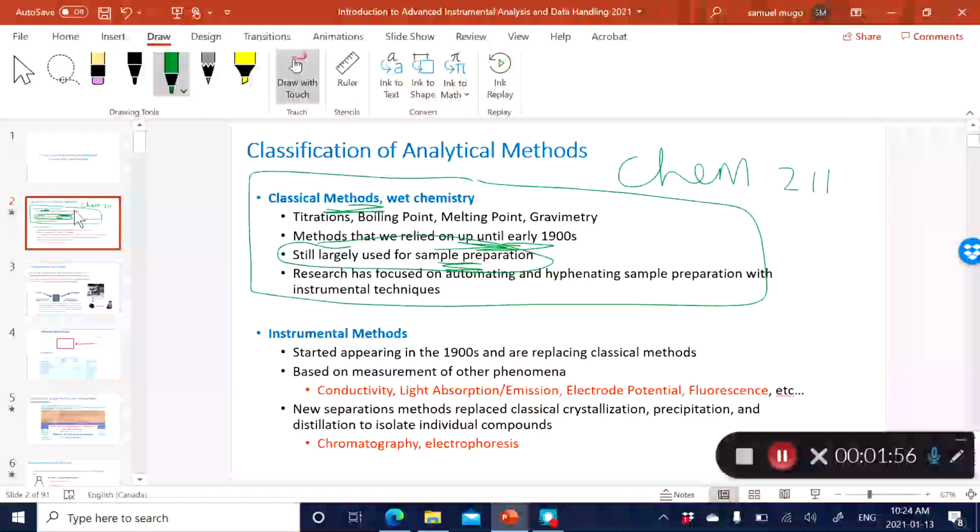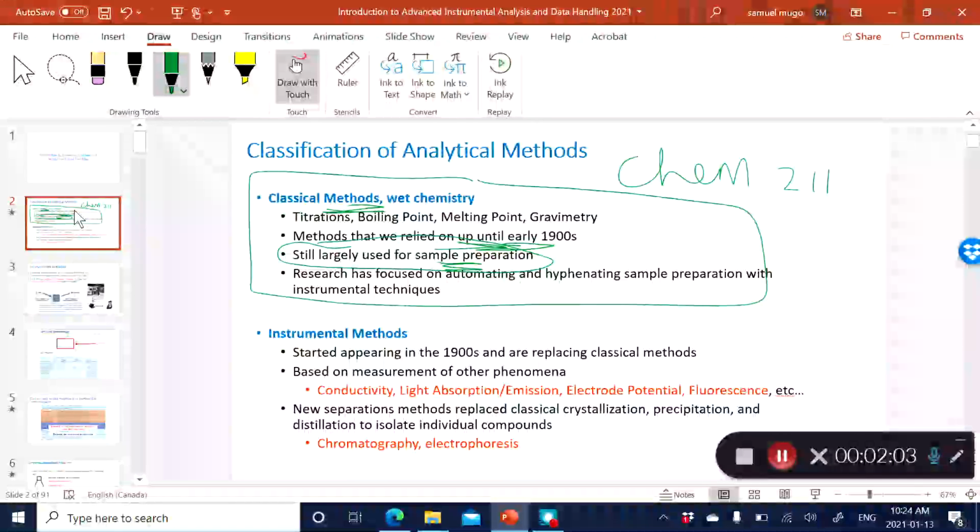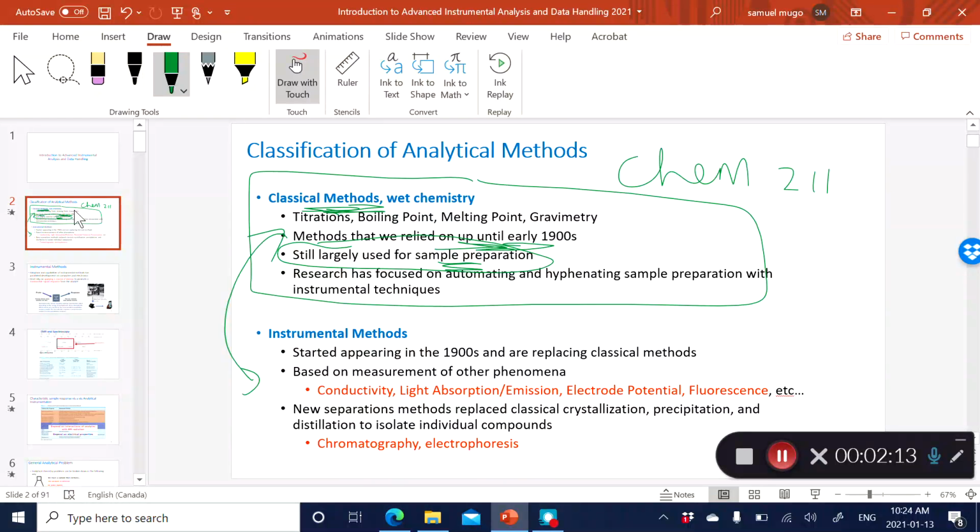Okay. Now, in some cases, in today's way of doing chemical analysis, people have hyphenated or automated the classical methods of analysis with instrumental methods of analysis. So there's an interlink, where extraction becomes fairly automated, and that is connected to instrumental analysis, such that things happen in a pipeline.